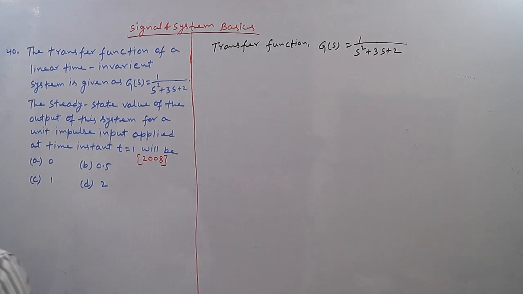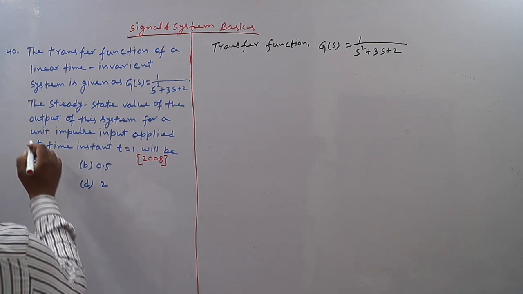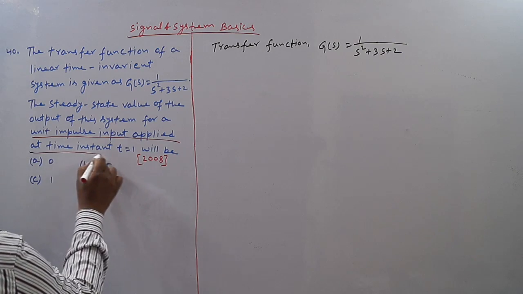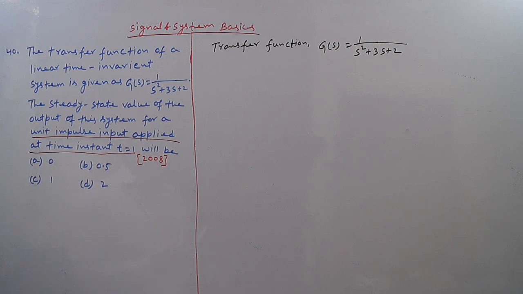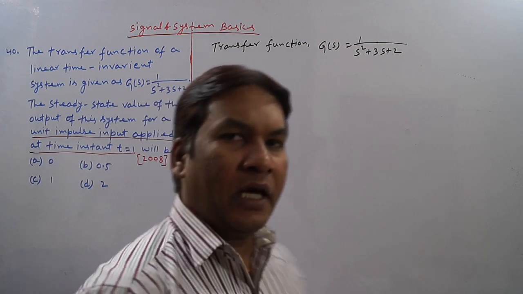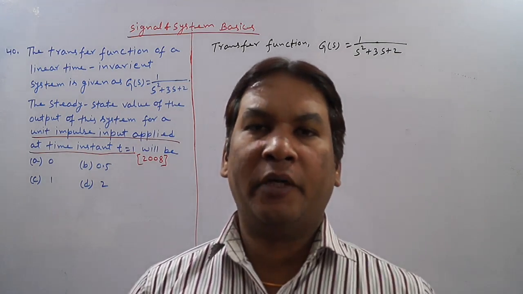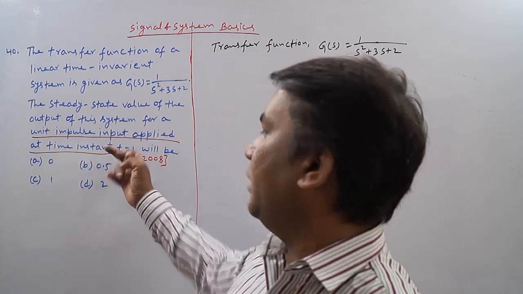Again, an input is applied. Here it is given that a unit impulse input is applied at time instant t equal to 1. So here the impulse input is a delayed impulse input because it is applied at time t equal to 1.